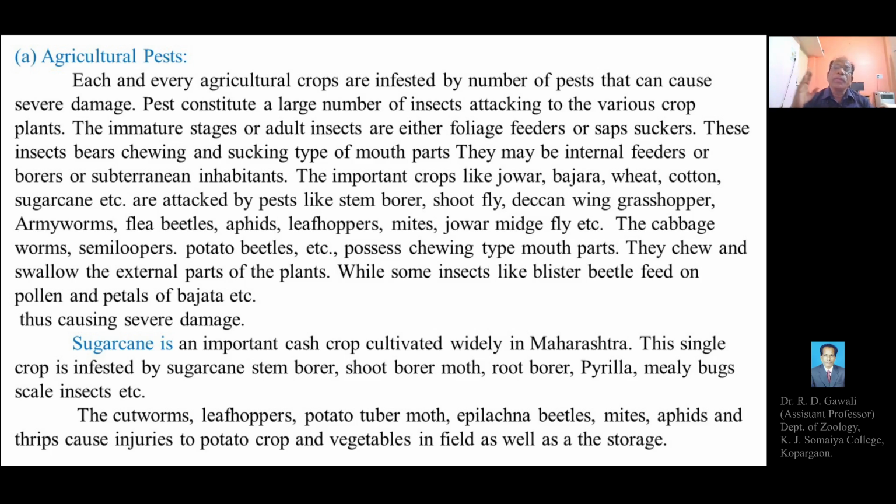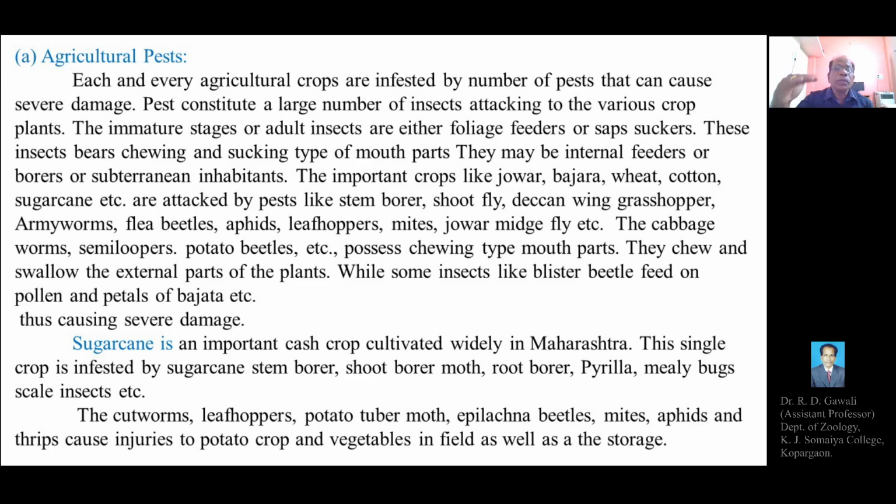So pests may be foliage feeders or sap suckers or stem borers or even leaf miners, root and shoot borers. There are certain insect pests which feed on the roots or prepare tunnels in the roots and feed on the roots, causing the total loss of the plant.